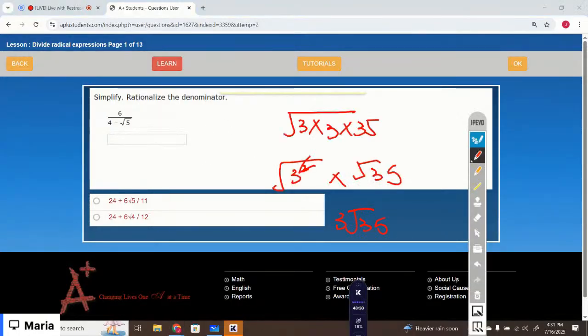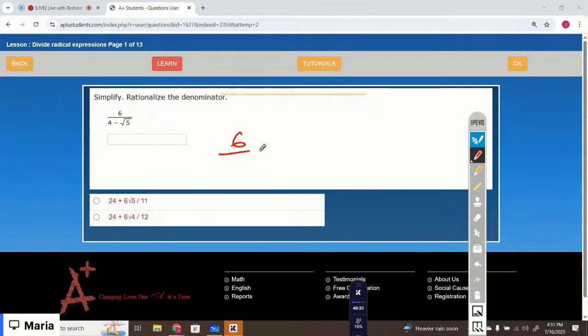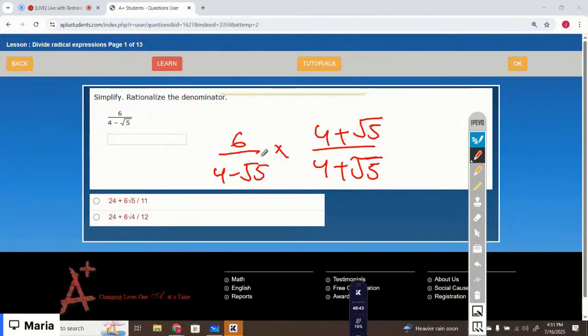So we need to rationalize. We need to multiply and divide by 4 plus 4 square root 5. So 6 times 4 is 24 plus 6 square root 5. And for the denominator, that is a minus b and a plus b, so a minus b times a plus b is a squared minus b squared.